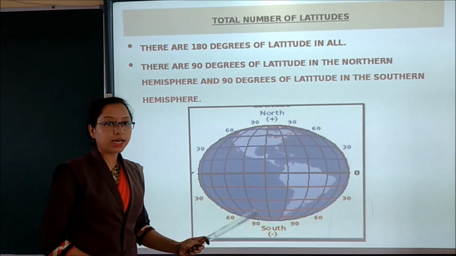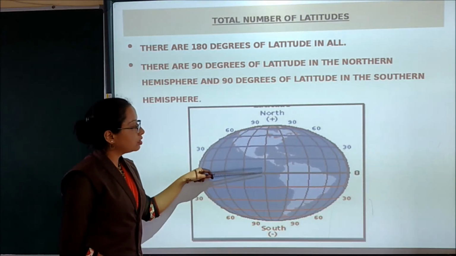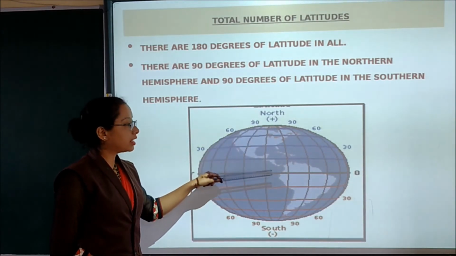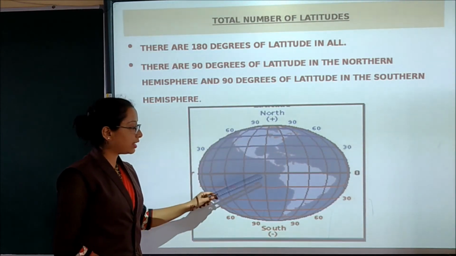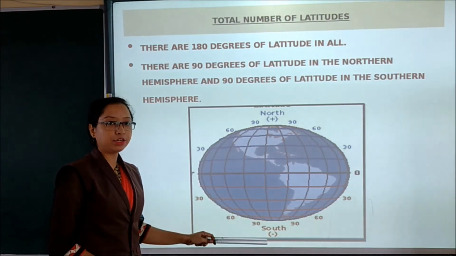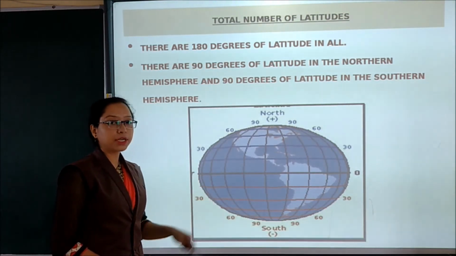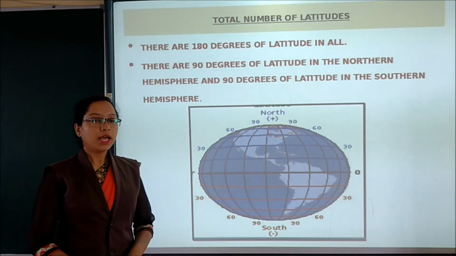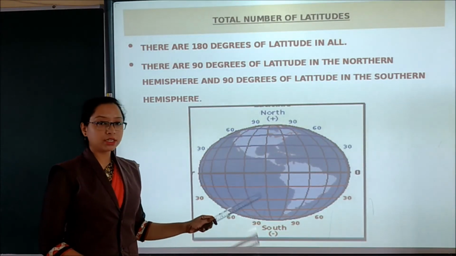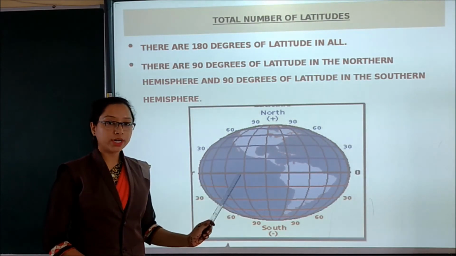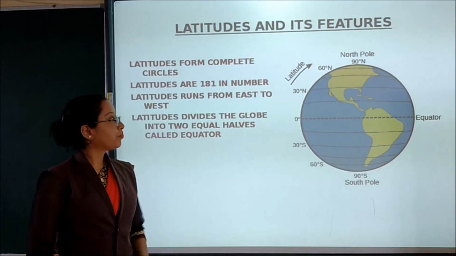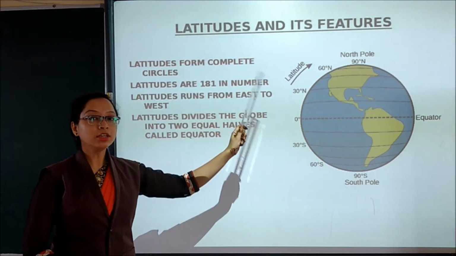So overall there are 180, and towards the north there are 90 degrees of latitude, and towards the south there are 90 degrees of latitude. So total it becomes 180 degrees of latitudes, and including the equator it becomes 181 latitudes. Now we'll see latitudes and its features.